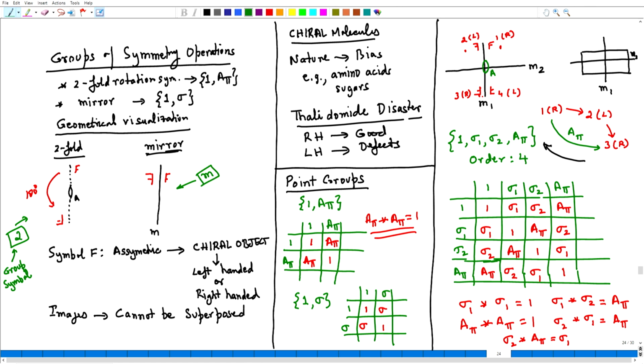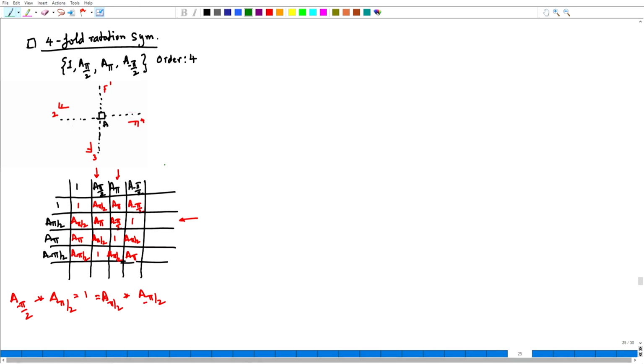If I look at this particular group, I will call this group 2mm, and the logic of this I will explain in a later lecture. Similarly, and you may have guessed that this group is identified by the symbol 4. So, there is a certain logic to these symbols which will come later.